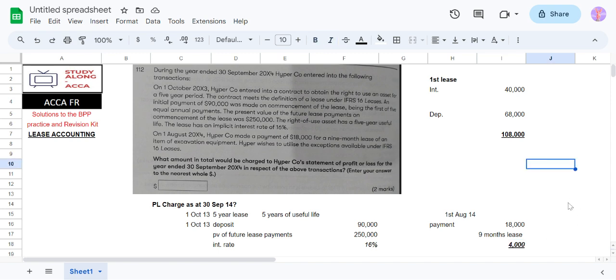So how much will be the total? 108 plus 4, it will be 112,000. All right, 112,000 is our answer.